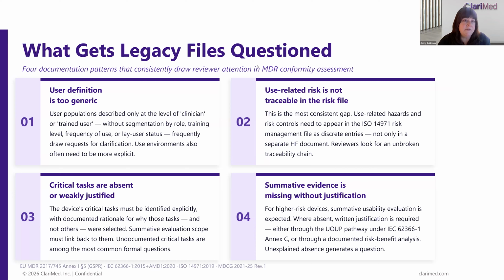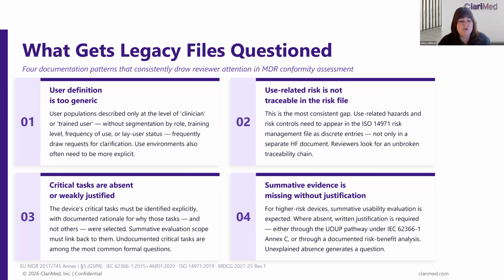Firstly, user definitions are sometimes too generic. Users can be grouped into clinician or trained user when really we know that there's a lot more segmentation that goes on by role. And some of the user characteristics that need to be described as part of that segmentation could really have an impact on use.